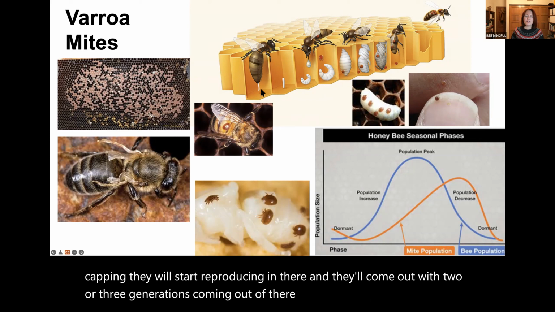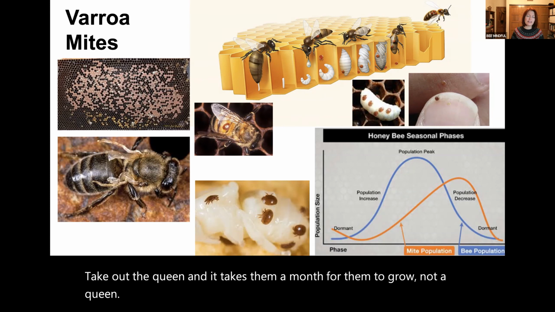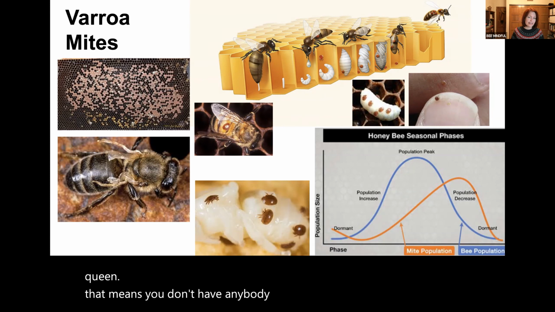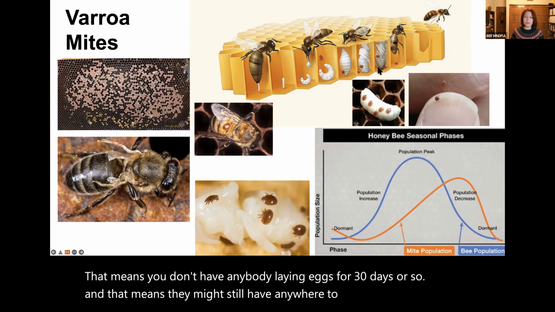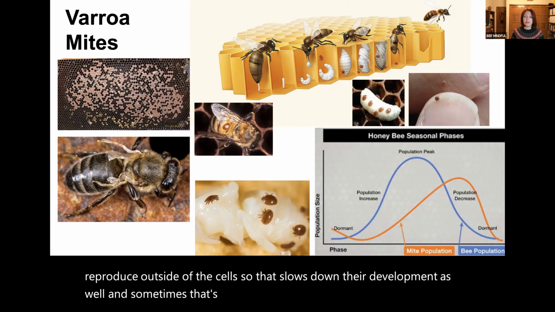So if you take out the queen and it takes them a month to grow another queen, that means you don't have anybody laying eggs for 30 days or so. And that means the mites don't have anywhere to reproduce. They cannot reproduce outside of the cells. So that slows down their development as well. And sometimes that's just enough for the colony to take care of the problem.